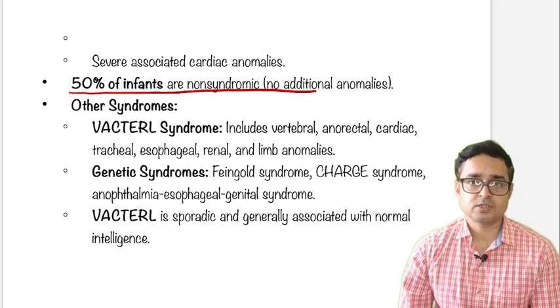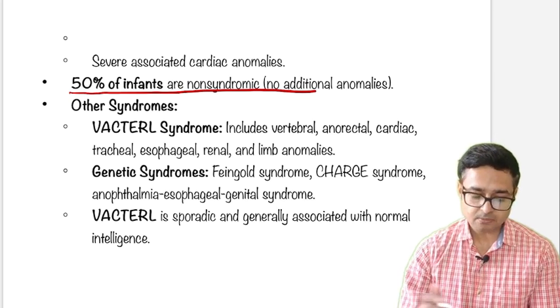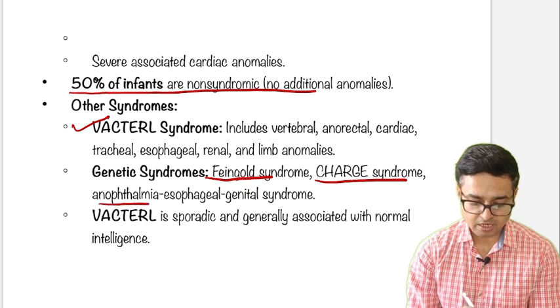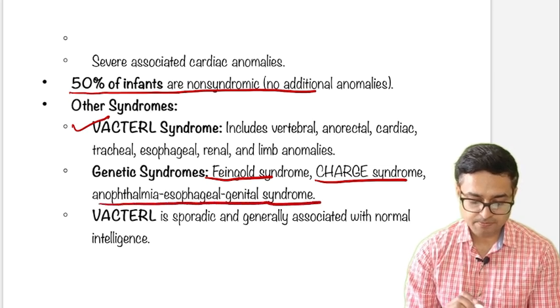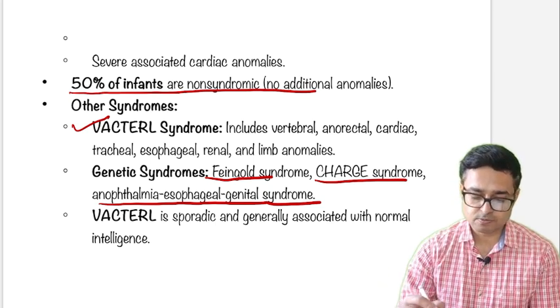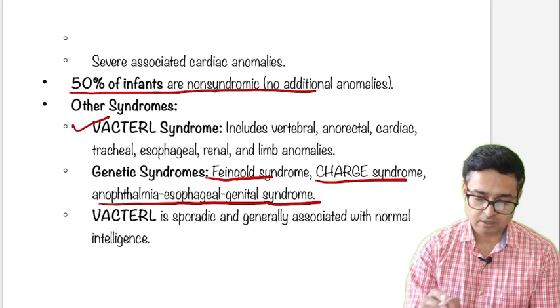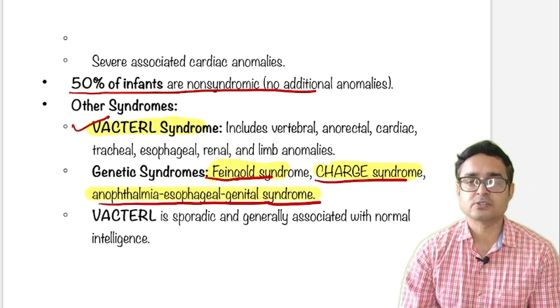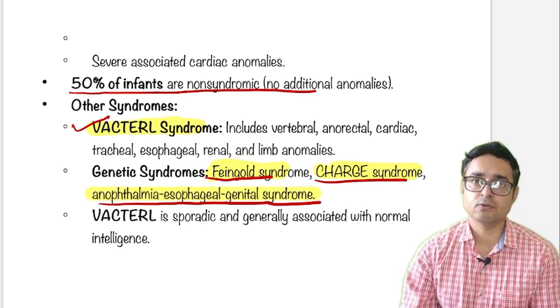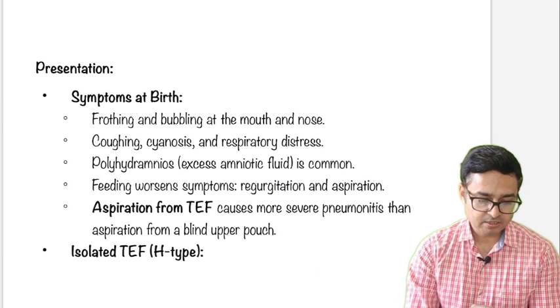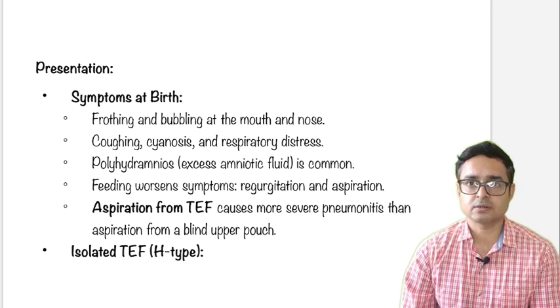Some syndromes are associated with esophageal atresia: VACTERL syndrome, Feingold syndrome, CHARGE syndrome, and anophthalmia-esophageal-genital syndrome. If someone asks you which syndromes are associated, you have to tell them these three or four. What are the features or presentation of this condition?